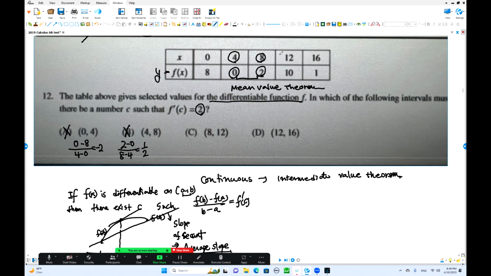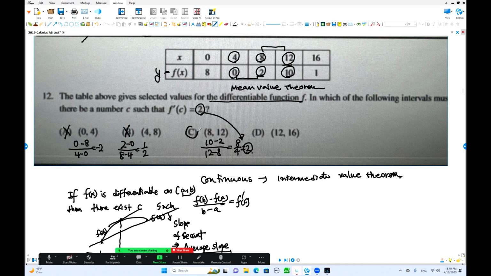Now 8 and 12. y2 minus y1, 10 minus 2, over x2 minus x1, 12 minus 8. That is 8 over 4. This is 2. So we can apply the mean value theorem on this interval only, okay? Because the slope between these 2 points is already 2, right?